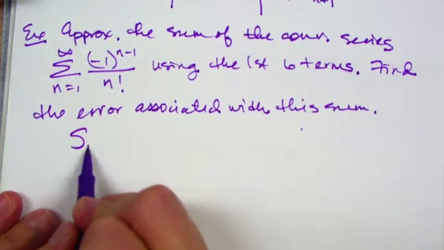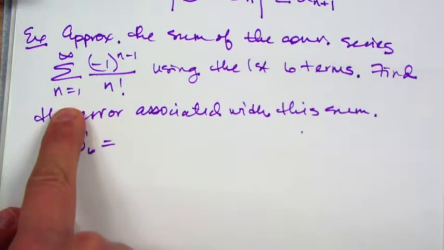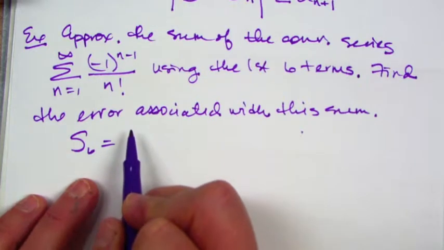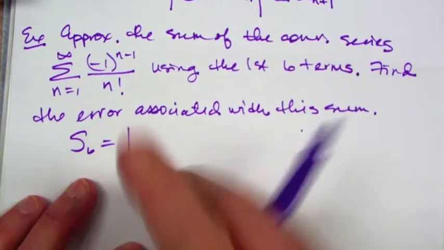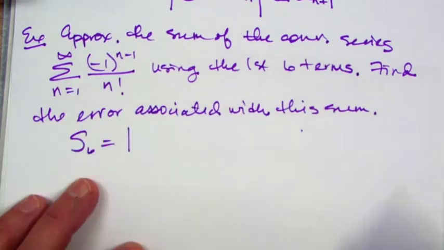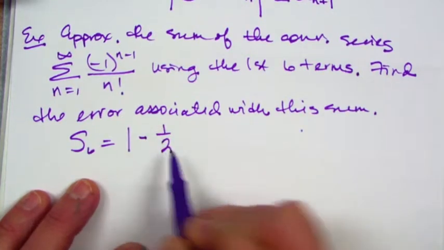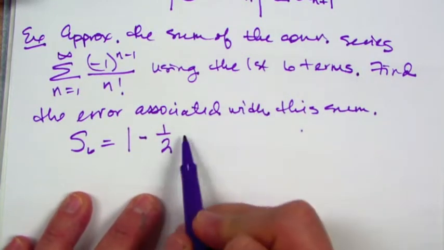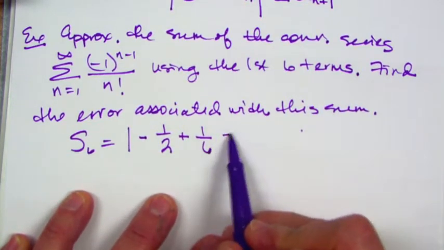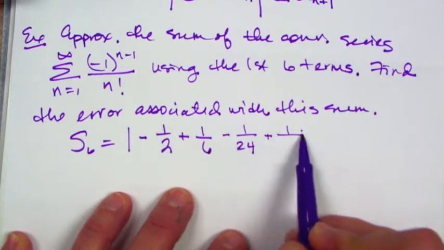Okay, so let's do my 6th partial sum. It starts at n equals 1. I have to pay attention to that. So what's the first term? 1, right? If I plug in a 1 right there, it's negative 1 to the 0, which is 1, over 1 factorial, which is 1, minus a half, plus 1/6, minus 1/24, plus 1/120th.